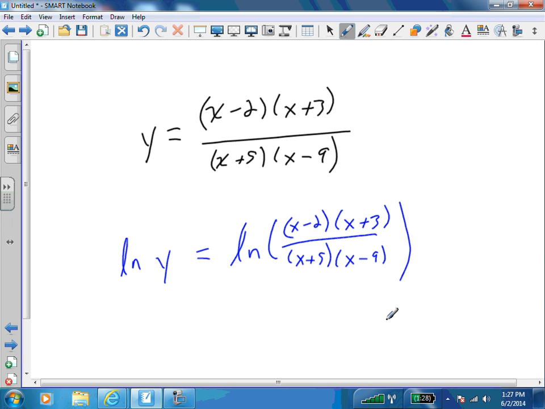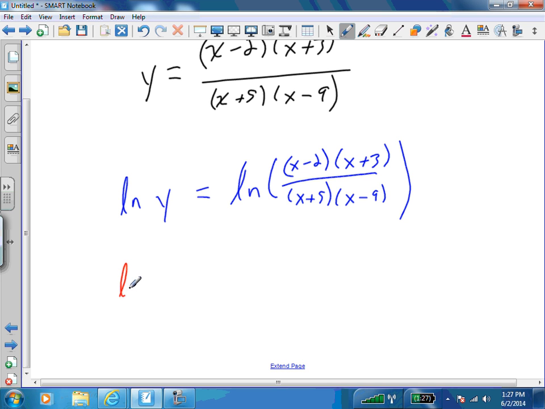Now at this point, we've not taken a derivative. We just took natural log of both sides. That would be like multiplying both sides by 7 or adding 4 to both sides. We just did an equivalent operation on both sides.